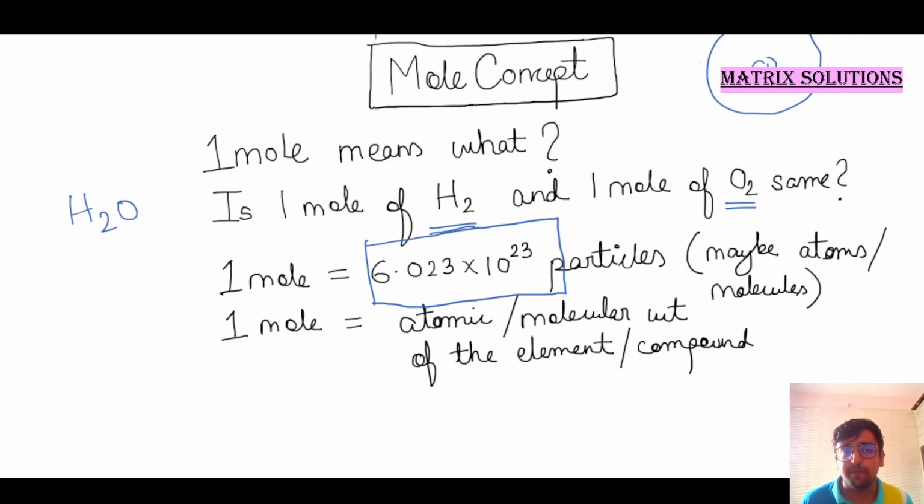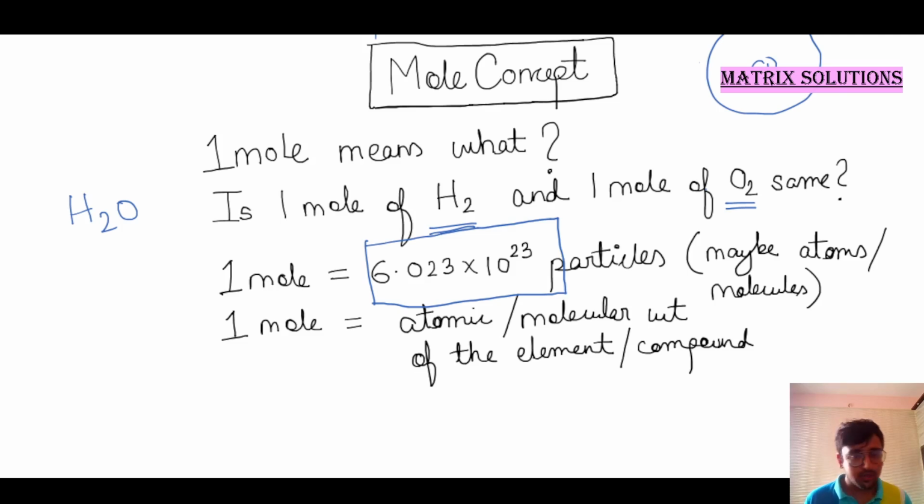Because I am comparing atoms with molecules. Can that be said? Certainly not. We can't compare unlike things. Yes, they are unlike. Atoms do not have any individual identity when they take part in a reaction, whereas molecules do.